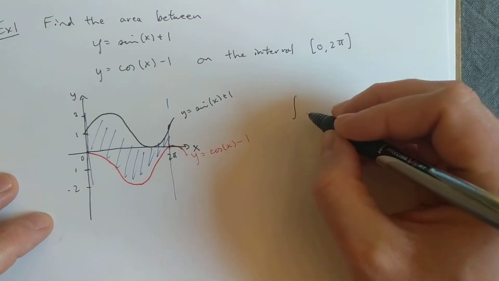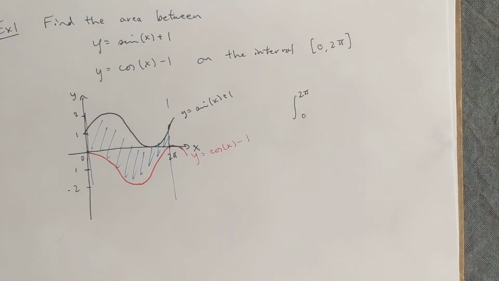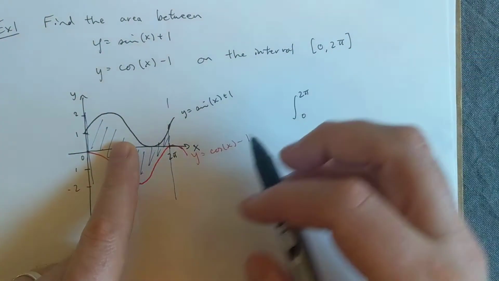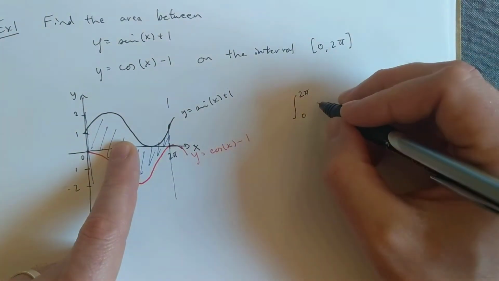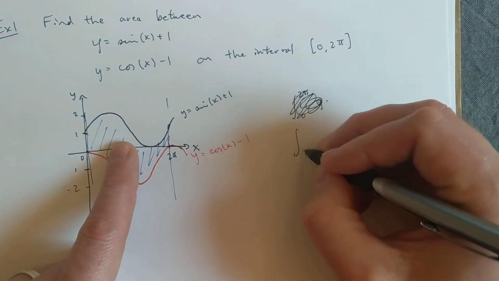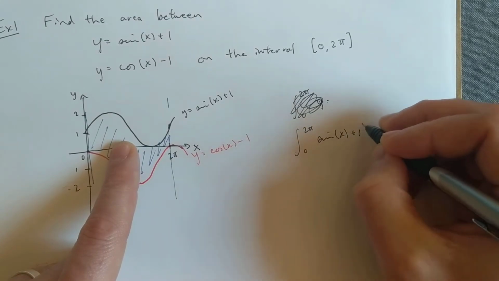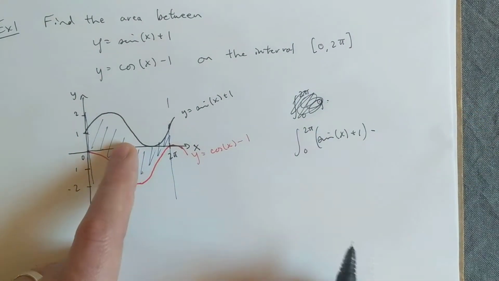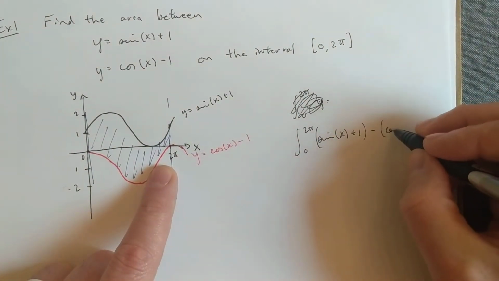It's going to go between our x values that we're concerned about, which is 0 to 2 pi. We're going to take our sort of ceiling function, which in this case is sine of x plus 1, so that's our ceiling, and then our floor is cosine x minus 1.